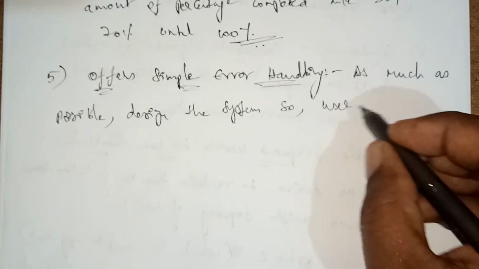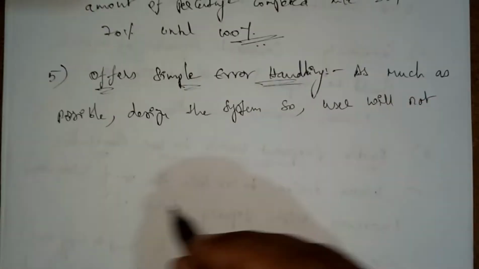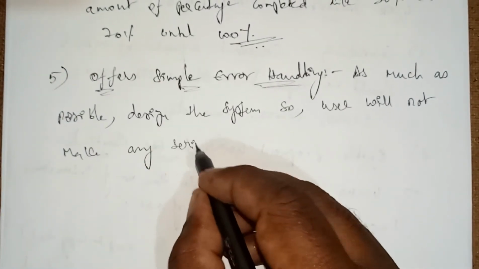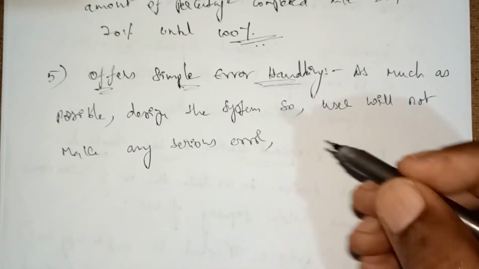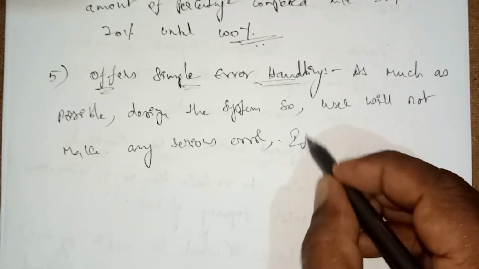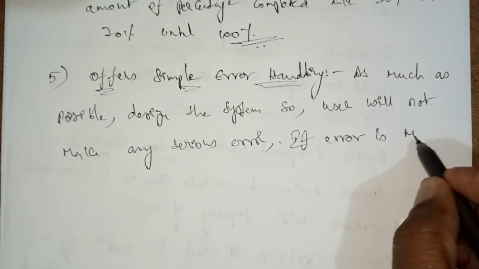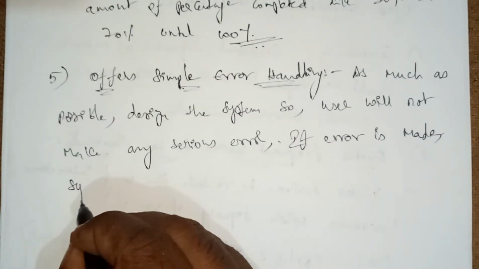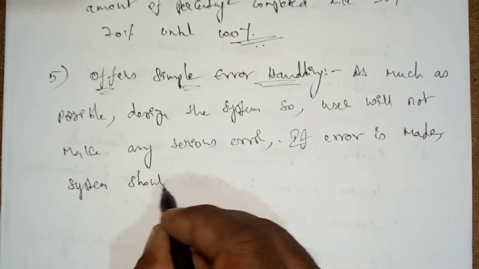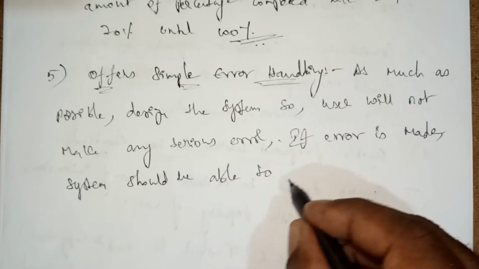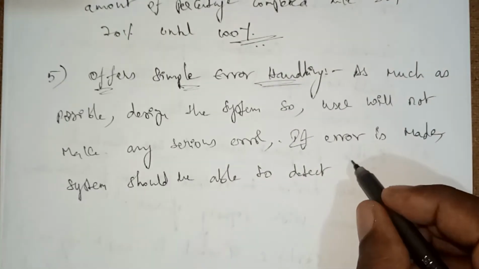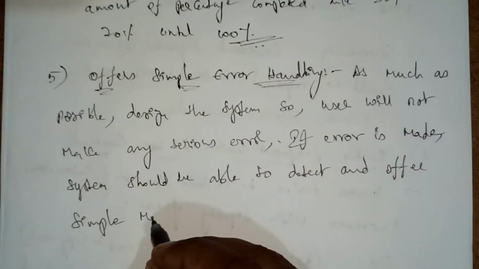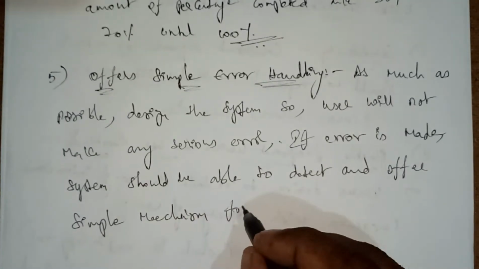Suppose an error is made, the system should be able to detect it and offer a simple mechanism for handling the error.